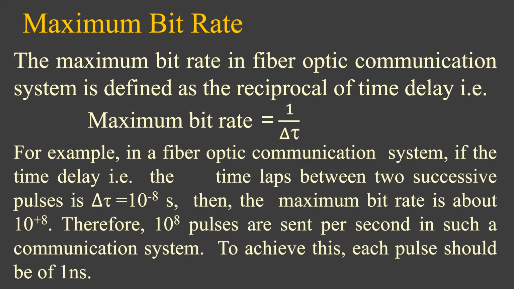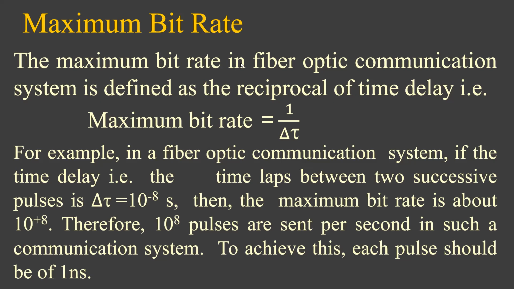To achieve this, each pulse should be of 1 nanosecond. Such a small pulse we will have to send inside the optical fiber for the fruitful propagation of the wave. So this is about the maximum bit rate.